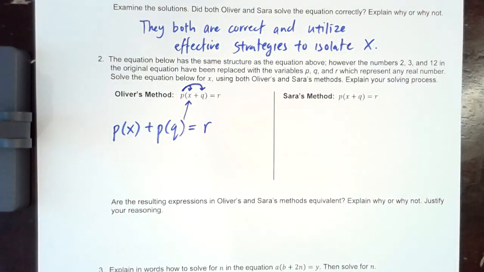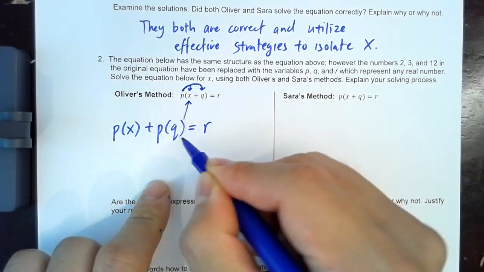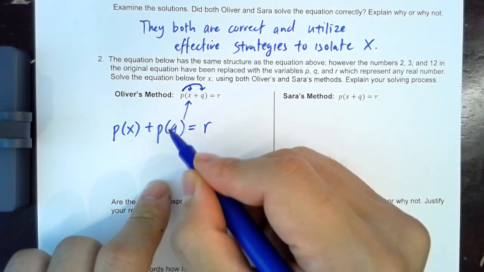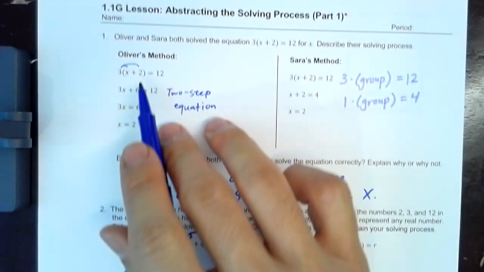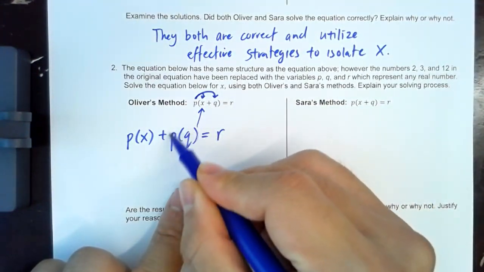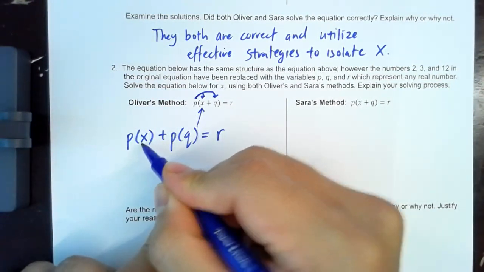Then I would subtract the entire pq to the other side, because this is kind of like a constant. Remember in the previous example it was 3 times 2. Well, in this case, it's just pq. This is like a constant or just a term. Our goal is to isolate x here.